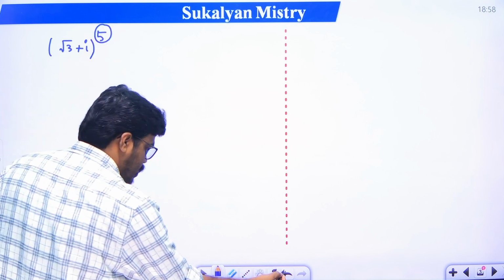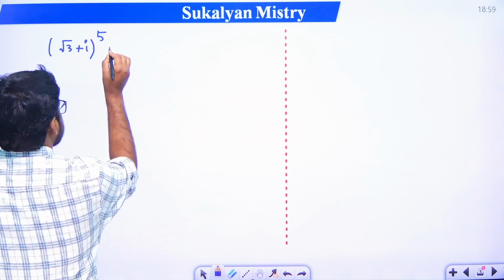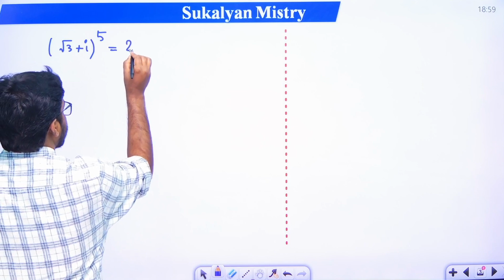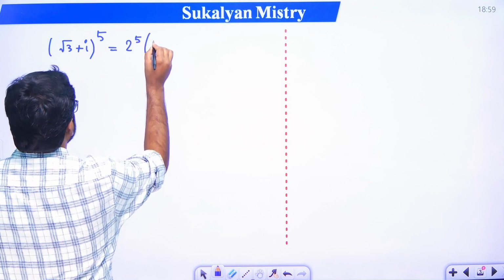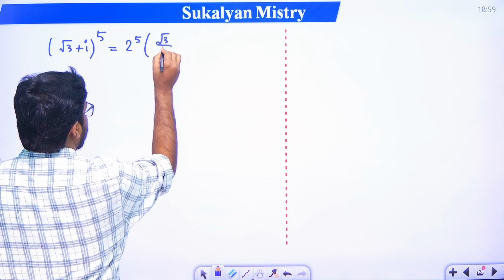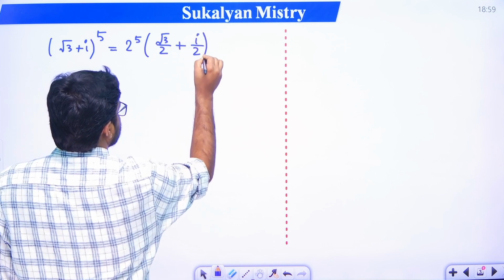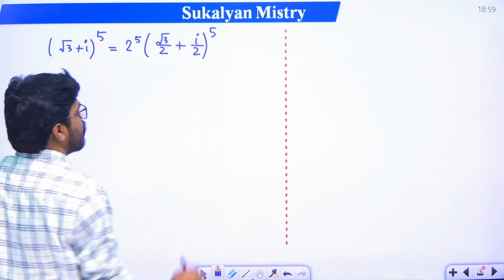This can be written as 2 to the power 5 into (√3 by 2 plus i by 2) to the power 5.